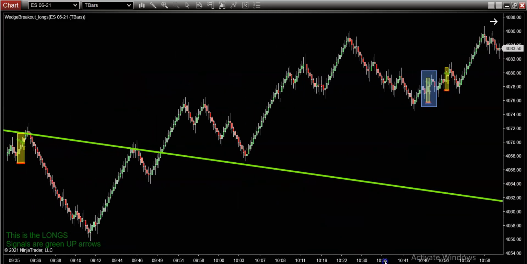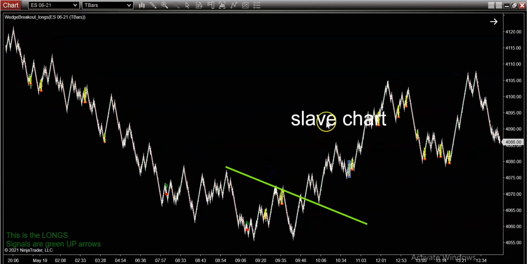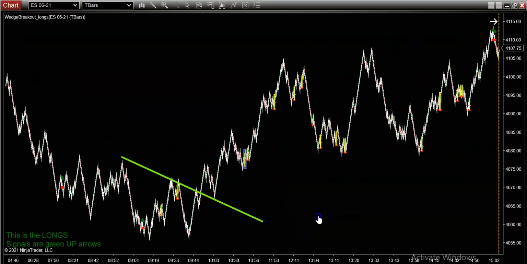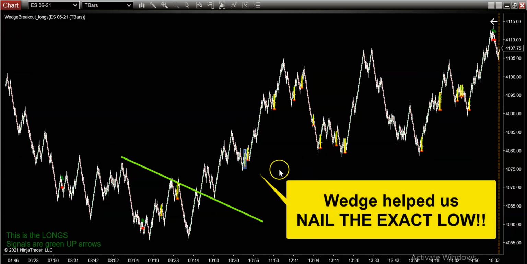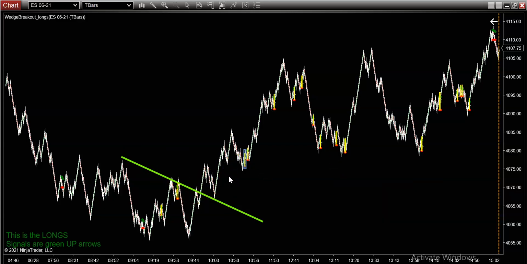And if I scroll out, guys, let me bring this home. All right, let's clean up some of these drawing objects. Look at that incredible move. I mean, just look at this move. Here was the wedge that was tied to the master trend line, and all of these executions happened in the slave chart.